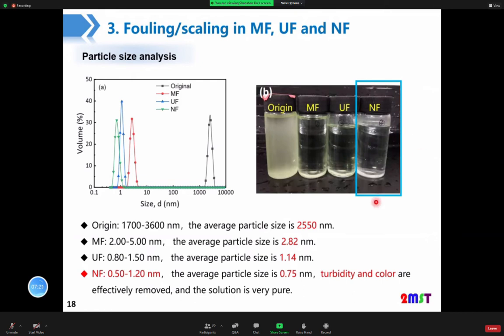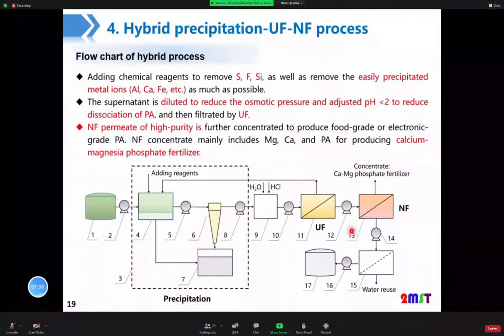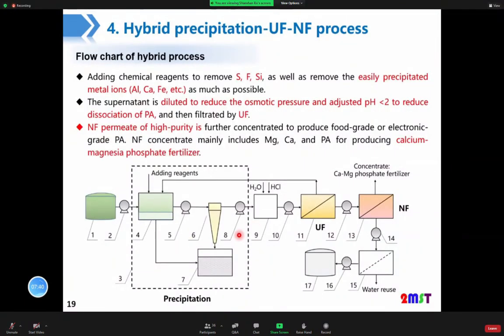Turbidity and color were effectively removed. So nanofiltration can be well applied to purify phosphoric acid, but the problem of membrane scaling must be solved. On this basis, we designed a hybrid precipitation, ultrafiltration, and nanofiltration process to purify phosphoric acid, as shown in the flowchart.